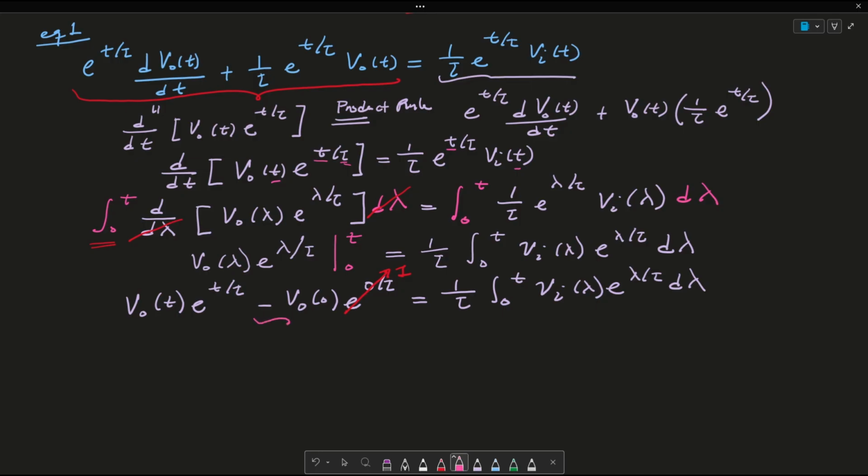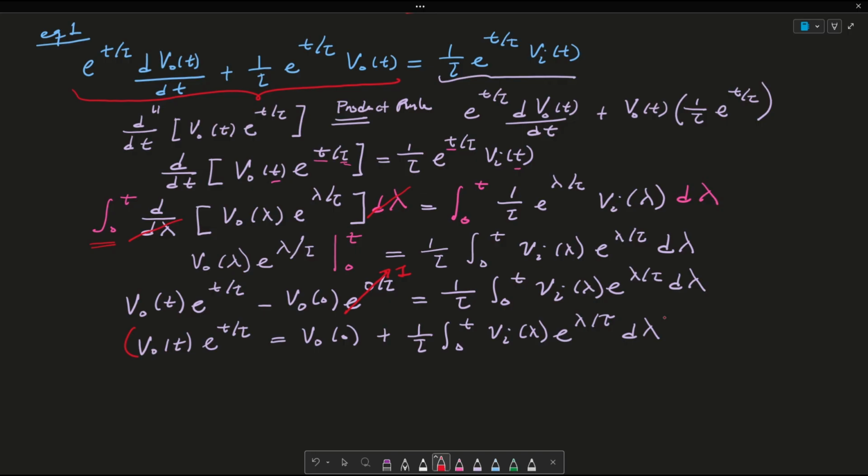And if I move this term to the right-hand side, I simply get v out of t e to the t over tau equated to v out of 0 plus 1 over tau integral from 0 to t of vi of lambda e to the lambda over tau d lambda.